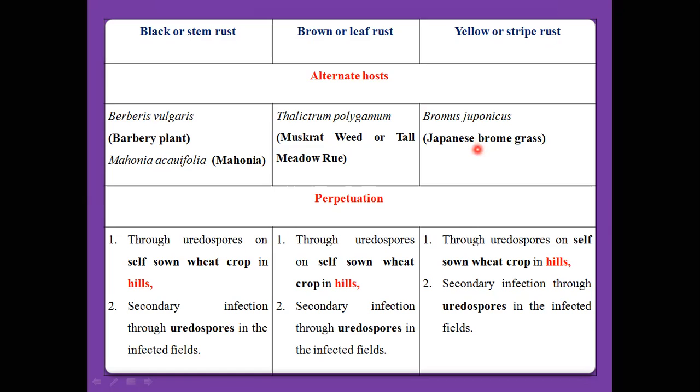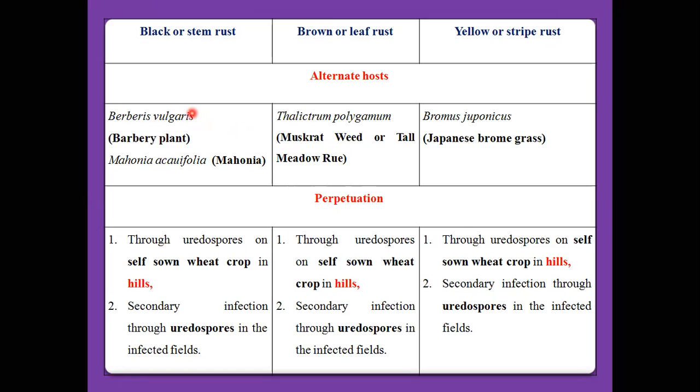After the harvest of the wheat crop, the pathogens may survive on the other alternate hosts, and these alternate hosts are present in hilly areas, meaning the Himalaya regions, or in Karnataka, in the hilly portions, or the Nilgiri and Palani Hills stations located in South India.